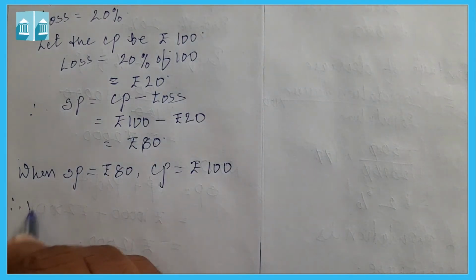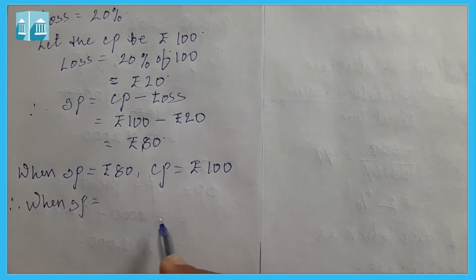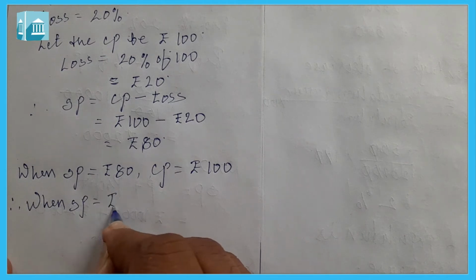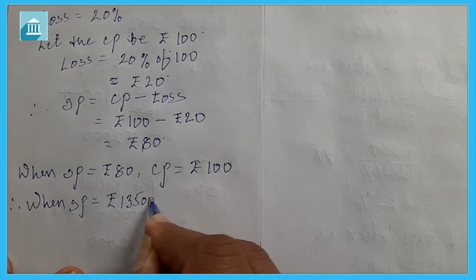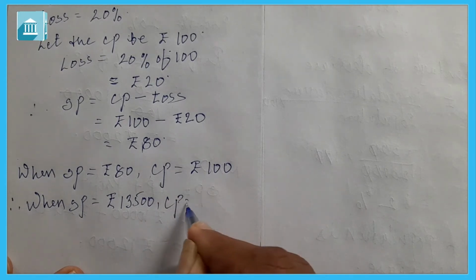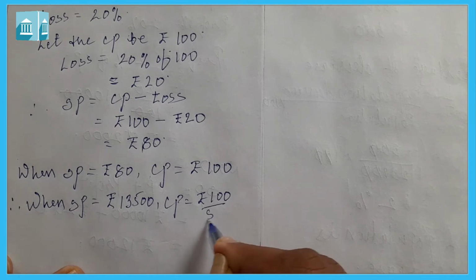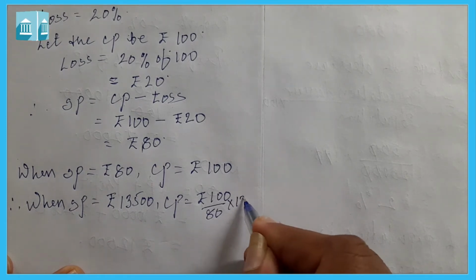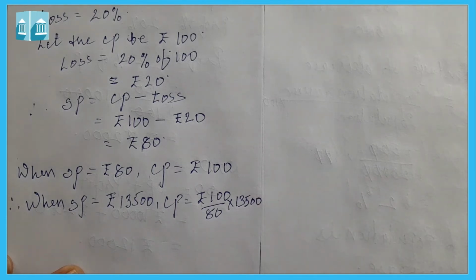Therefore, when SP is equal to rupees 13,500, CP is equal to what? It will be 100 upon 80 into 13,500.